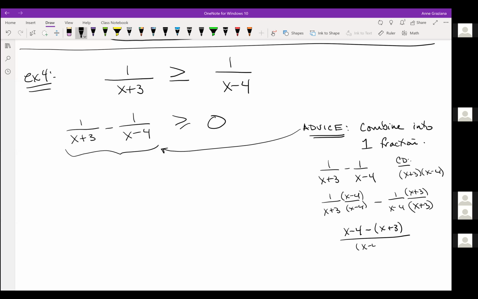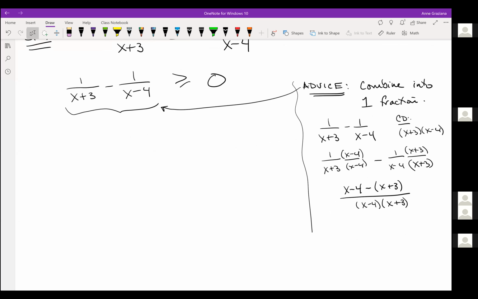My common denominator is x minus 4 times x plus 3. When we distribute the negative, you get x minus 4 minus x minus 3 all over this. And beautifully, these x's drop out, and I end up getting -7 over x minus 4 times x plus 3. Any questions on how we got those two fractions subtracted together?